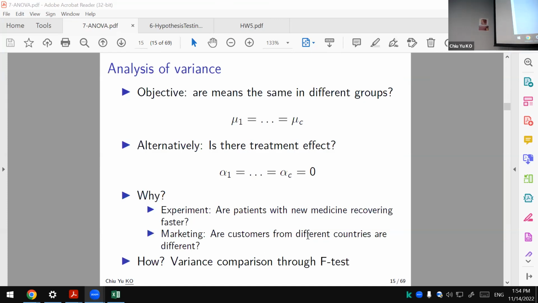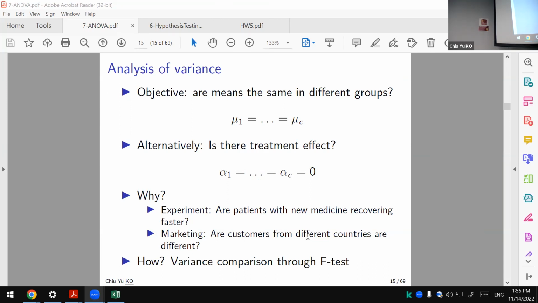And as I argued, what we have to test is whether all the groups are the same, or the treatment effect is 0. I have already set up the application, so I will show you how to do the F-test. To test this hypothesis, whether the treatment effect is 0 or the group means are the same, we will do an F-test.